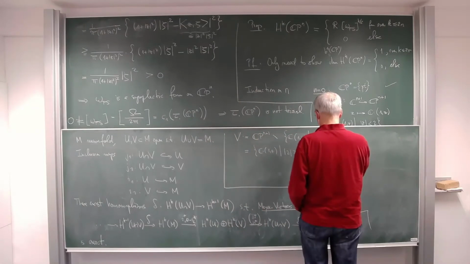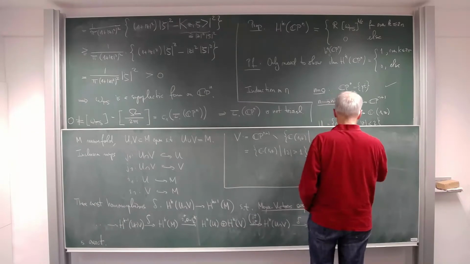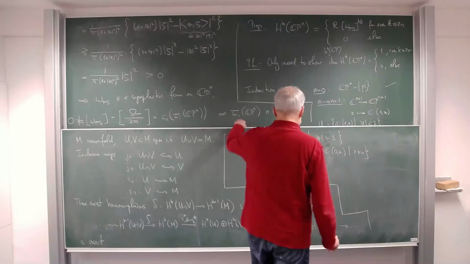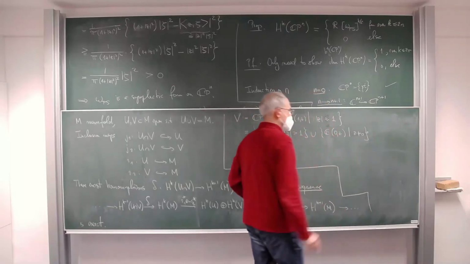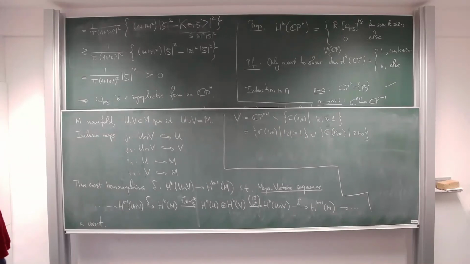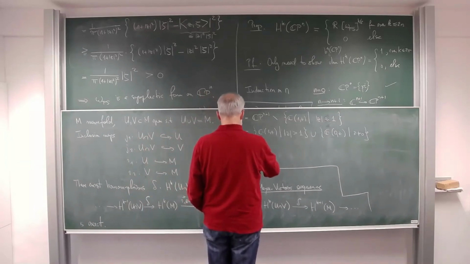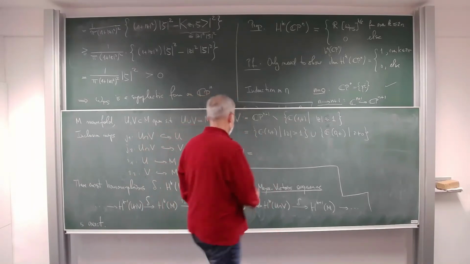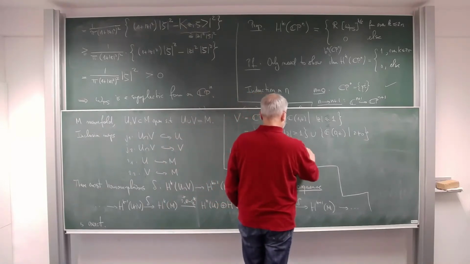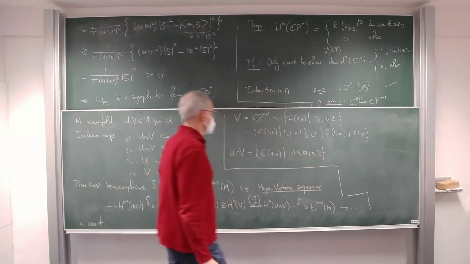So this would be the set of all lines of the form (0, z), where z is non-zero. And this thing, that's a copy of CP^n. So that's what I was just saying. Good. So that is my set u and v. Now what is the intersection of the two? The intersection of the two is, of course, the set of those lines (1, z), where z lies in norm between 1 and 2.